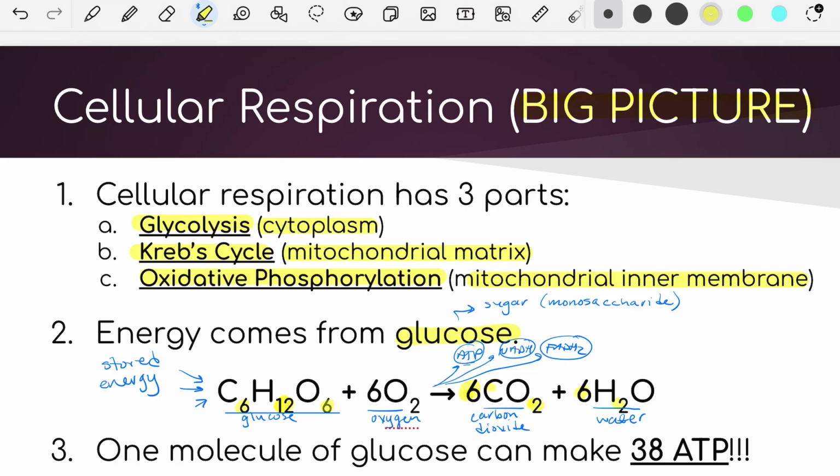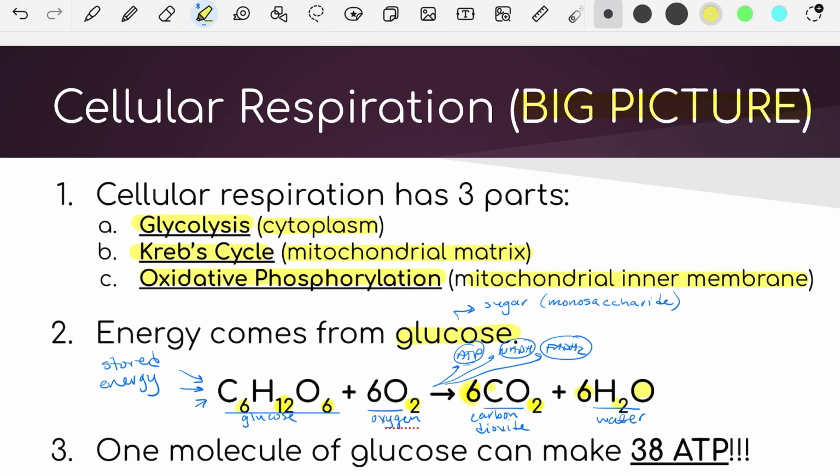And if we have 6 oxygens here and we've got 12 oxygens here, then that means that on the reactant side of things, we have 18 oxygens. We need to have 18 oxygens over here as well. So 6 times 2, that's 12, and then 6 times 1, that's another 6, so there's 18 on both sides. So it's all good. We need to have the same number of atoms on both sides.